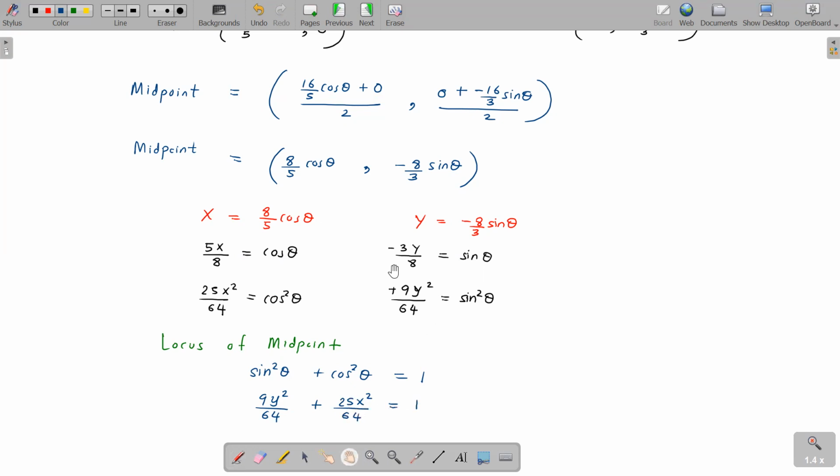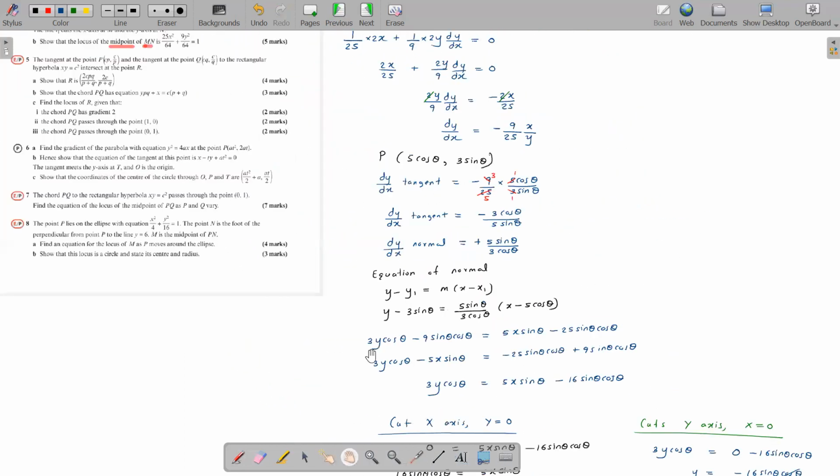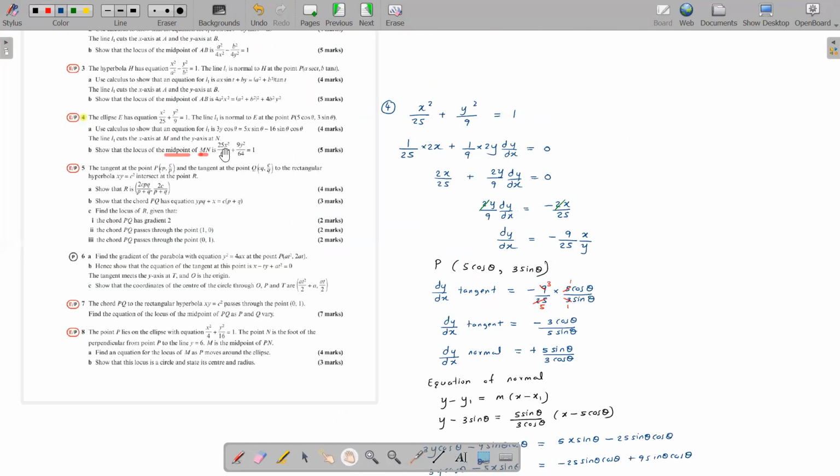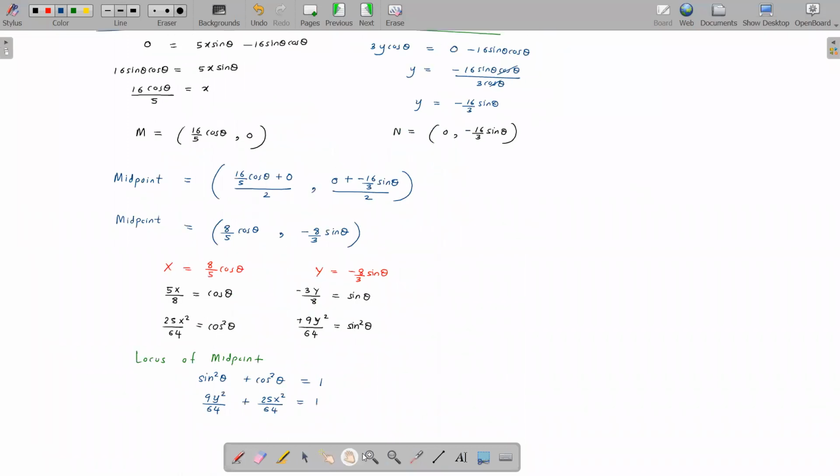Is this to show that? Yeah, this is to show that, right? 9y square over 64 plus 25x square over 64 equals 1. Yeah, this is to show that. So basically, this is how you get a locus, where you eliminate the parameter and get the Cartesian equation. Okay? Do you understand?